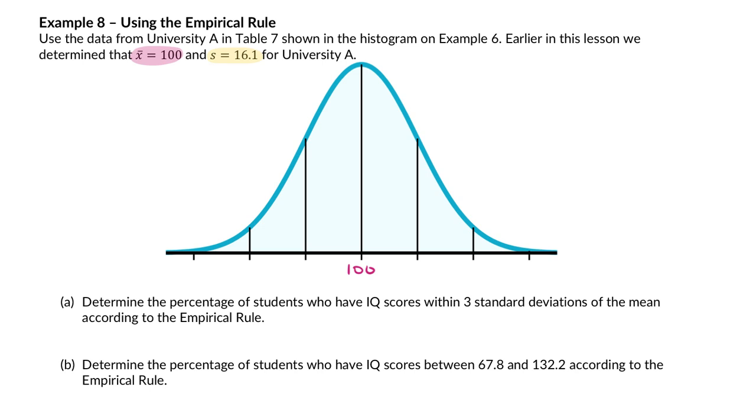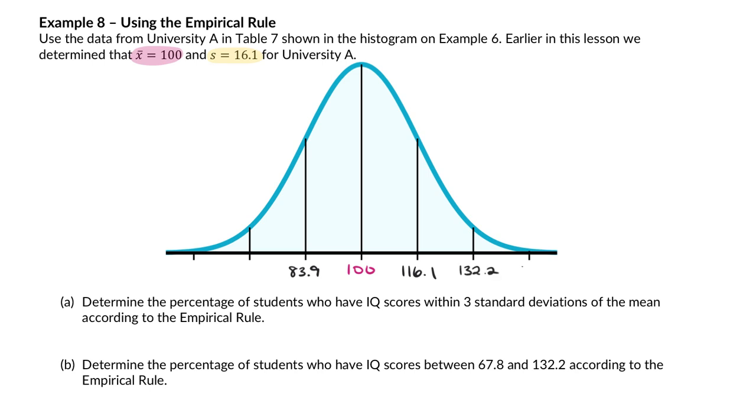Boom, that's the center of it. The next tick mark away above and below should be 1 standard deviation above 100 and 1 standard deviation below 100. So that's going to be 100 plus 16.1, which is 116.1, and 1 standard deviation below it, so 100 minus 16.1, is 83.9. If we keep adding standard deviations, take this number and add 16.1 again, we get 132.2.